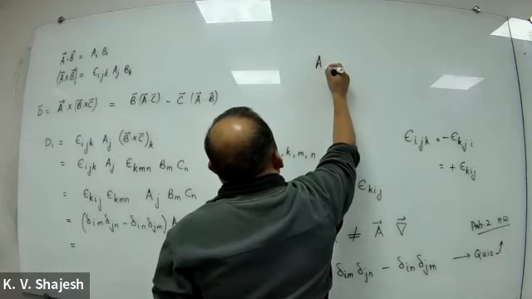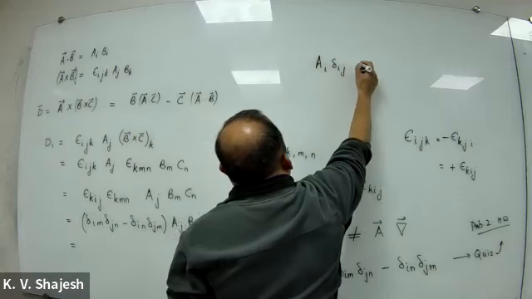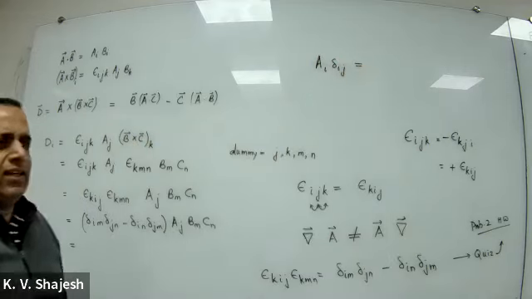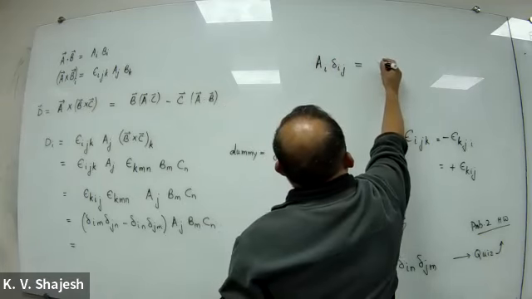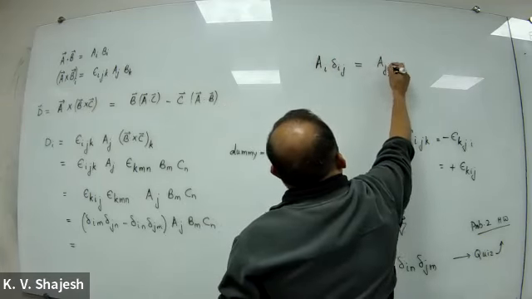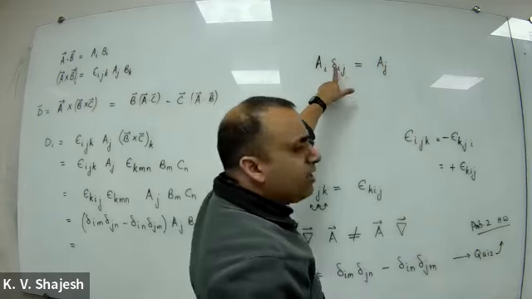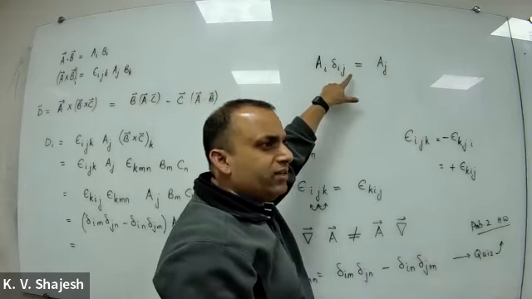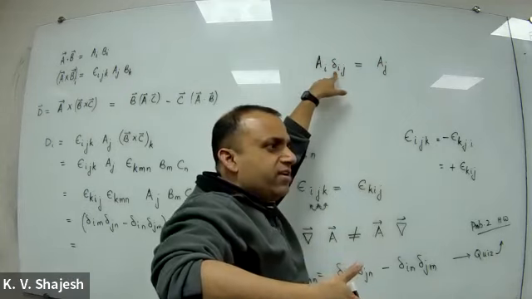Now, what is A_I delta_IJ equal to? Right? Lakshmi immediately said this is A_J. This is a good trick to realize. Notice that this survives only when I is equal to J. The Kronecker delta by definition is an identity.